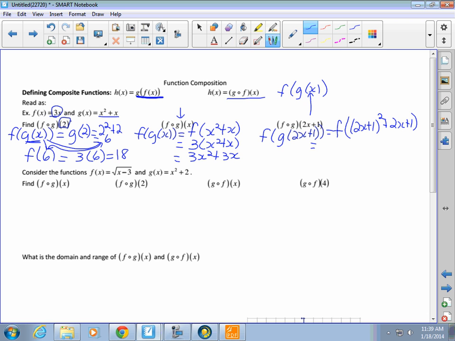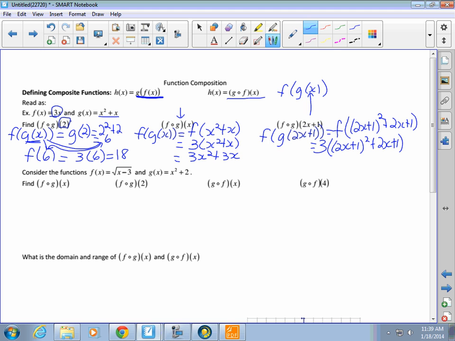That leaves us with the function of 2x plus 1 all squared plus 2x plus 1. So the f of x was equal to 3x. So that means this is going to be 3 times 2x plus 1 all squared plus 2x plus 1.